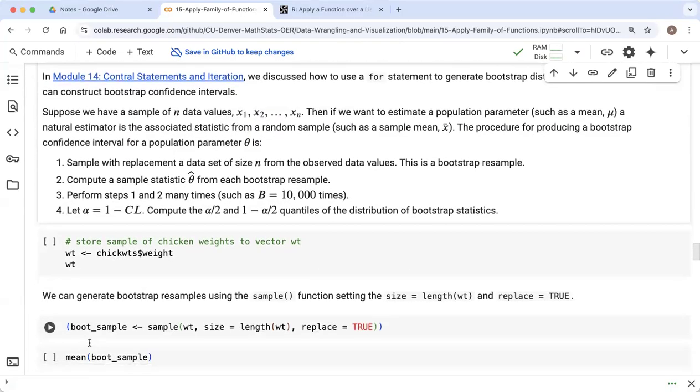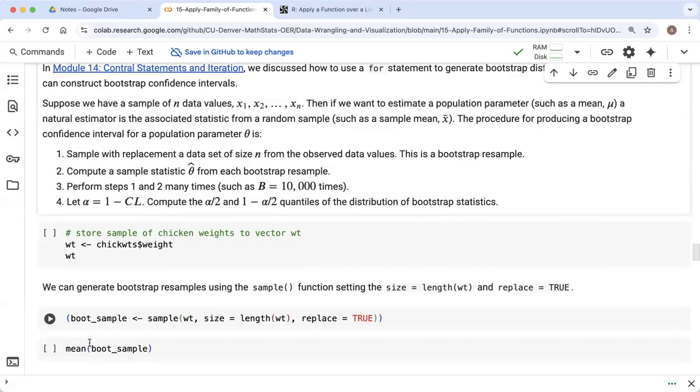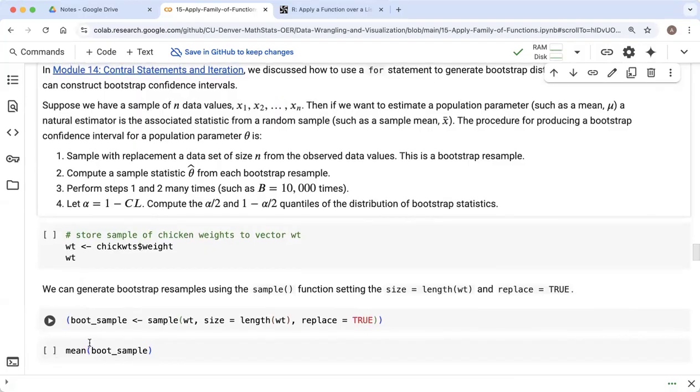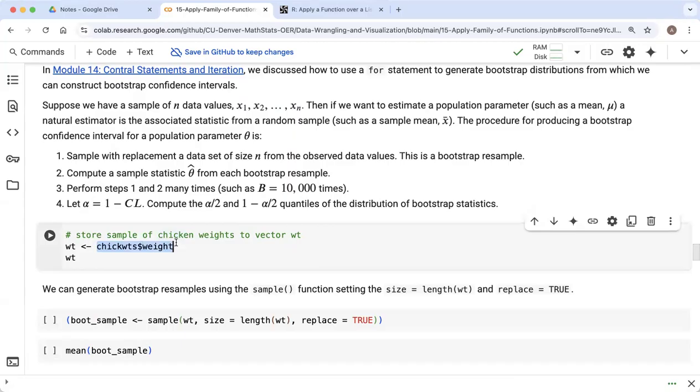So let's think about, first of all, how we can set up the bootstrap sample. And then in the next video, we'll talk about how we can use apply functions to repeatedly pick bootstrap resamples and calculate statistics from them. But we're going to work with just the weight of the chicken. So we're not going to worry about the feed variable now in our analysis.